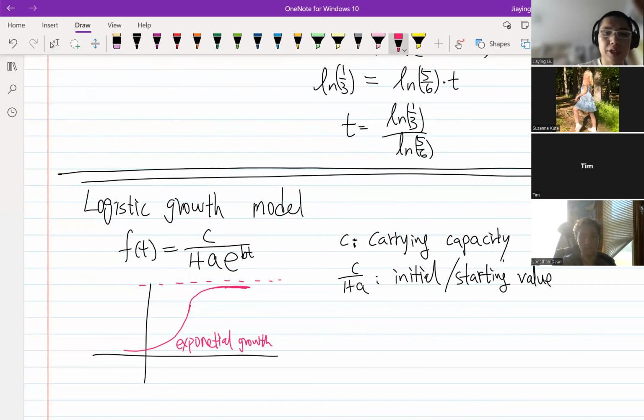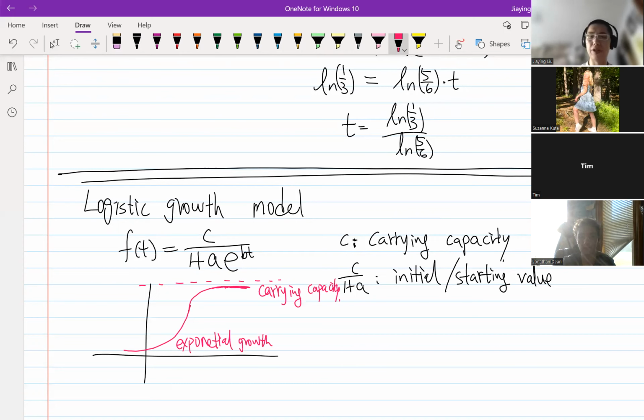But it's going to reach this carrying capacity. The carrying capacity in this case is like the limiting factor, right? Because if it continues to grow without limitation, then it's just going to grow exponentially all the time. But sometimes the growth is restricted when it reaches a certain point.